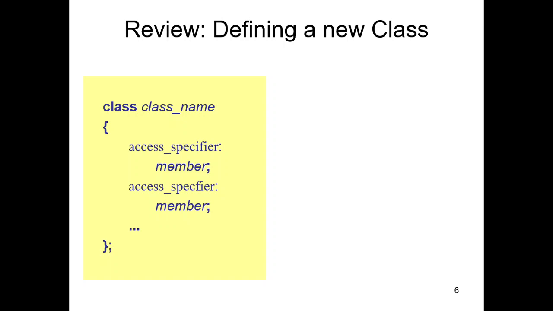There we declare: this is the data member, these are the member functions. We do not provide implementation for those member functions. That is declaration, and definition is when you provide bodies for those member functions. When you write the body of those member functions, that is the definition of a class.